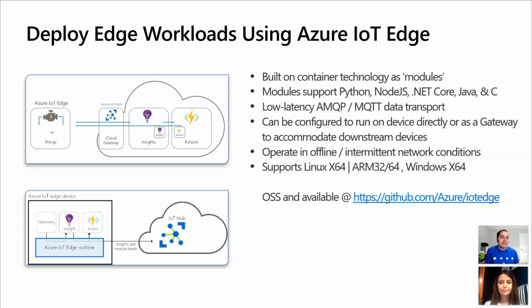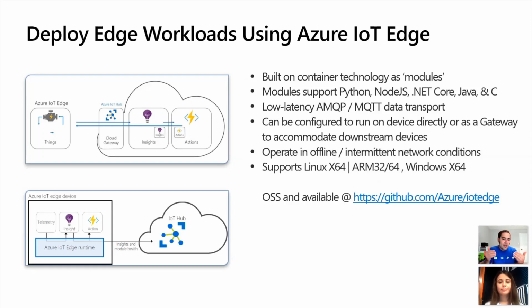And within these modules, there is support for first-class SDKs that can communicate with the Azure backend services. And these support first-class languages like Python, Node.js, .NET Core, Java, and C. And ensuring that we can get our data from the device to the cloud in the fastest way possible, we do employ such data transport mechanisms as AMQP and MQTT.